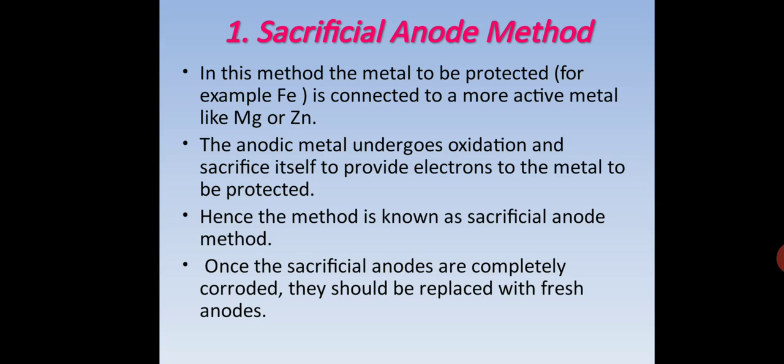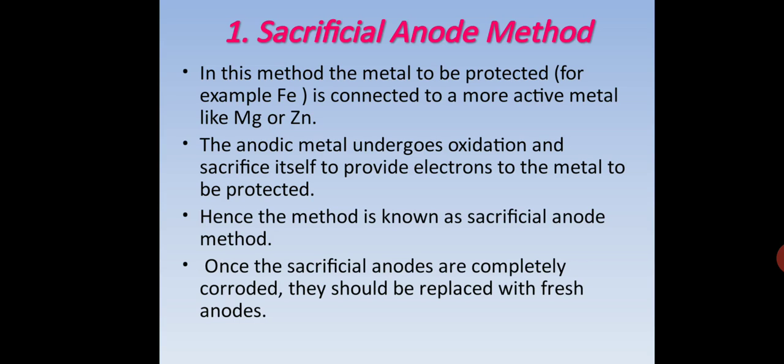Once the sacrificial anodes are completely corroded, they should be replaced with fresh anodes. Now, it doesn't make sense to protect one structure while losing one more structure, so this method is specifically applied to huge structures.